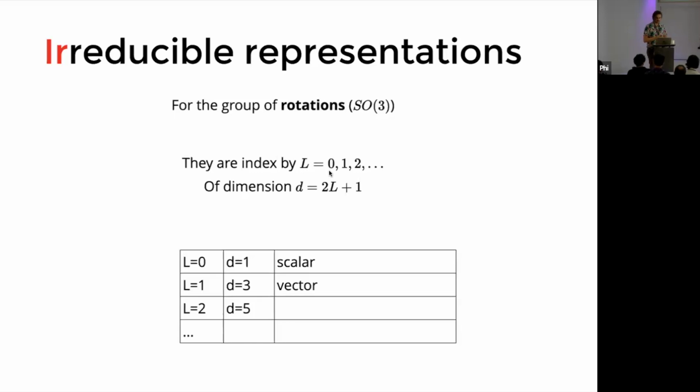There is an infinite number of irreducible representations of rotations. For each of these integers L, they are of dimension 2L plus 1. So I've put a small list here. This list is infinite. I've put on the right the name they have. The first one is called scalar, the second one I call vector, and then they don't have any names, but there are infinitely many of them.